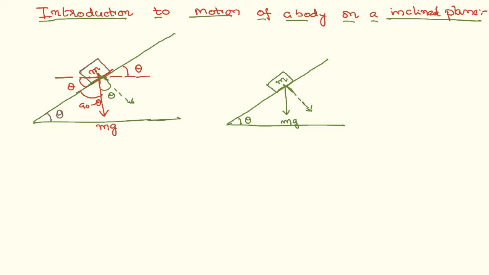This is the component of the weight acting perpendicular to the inclined plane. Being this angle is theta, this angle is also equal to theta. So I can resolve the weight into components as mg cos theta and mg sin theta.